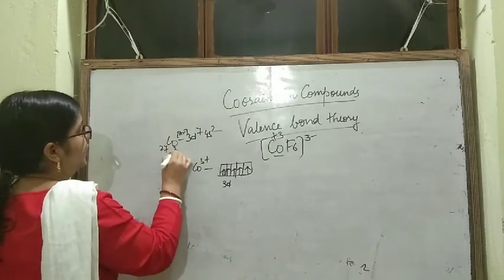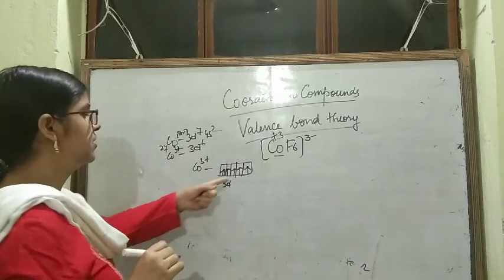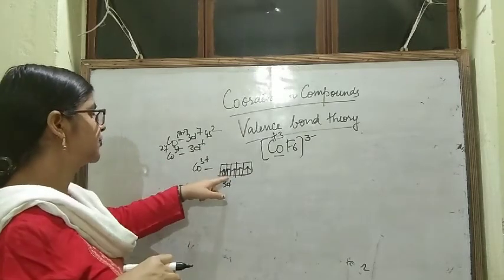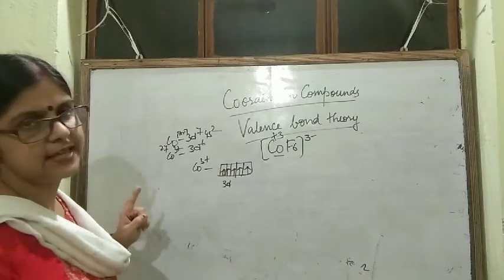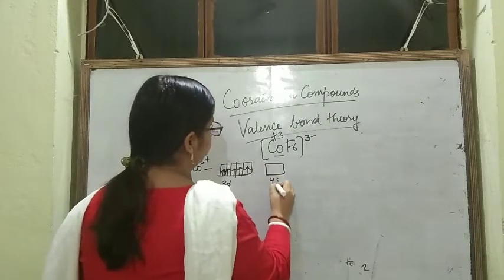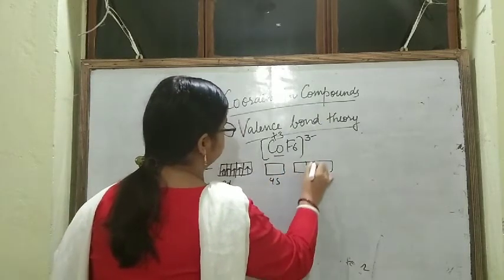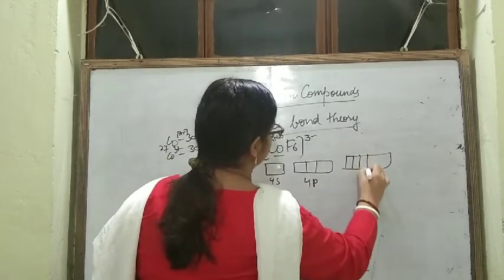So cobalt 3+ will be having a 3d6 electronic configuration. So we are showing it like this: 3, 4, 5, 6. In the 3d orbital it is having 6 electrons. Now 4s is completely vacant, 4p is completely vacant, and 4d is also completely vacant.